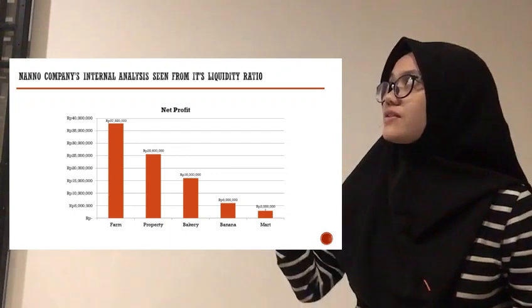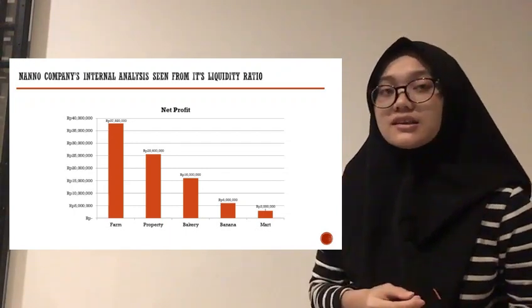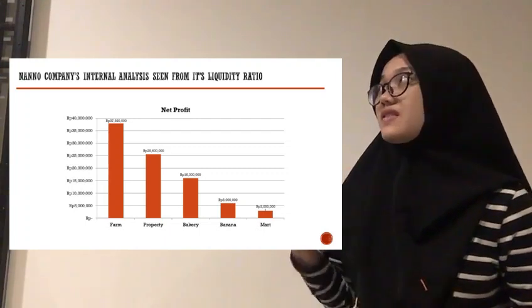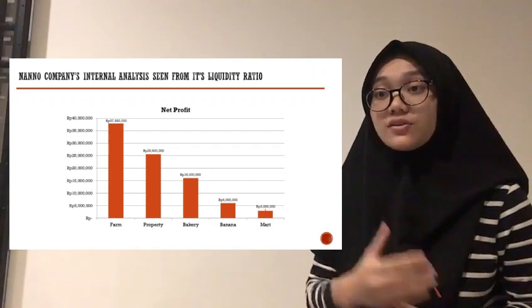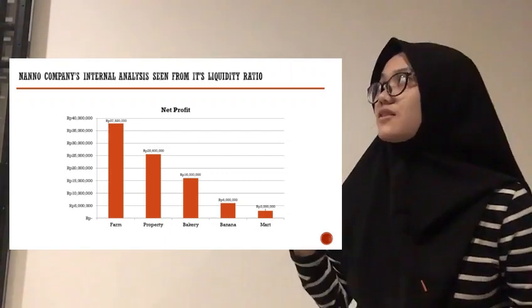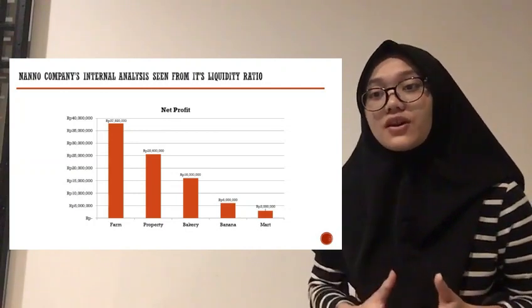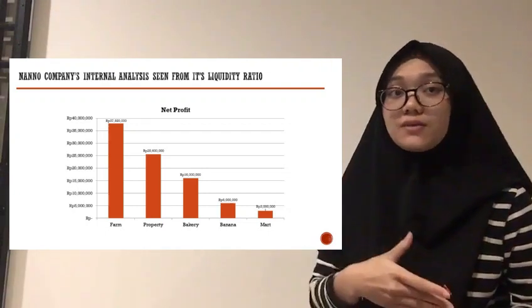And we can also see the mart sector has the smallest net profit, even though its sales are still above the banana sector. This is because the banana sector is better at reducing their cost of goods sold, just like the farm sector.